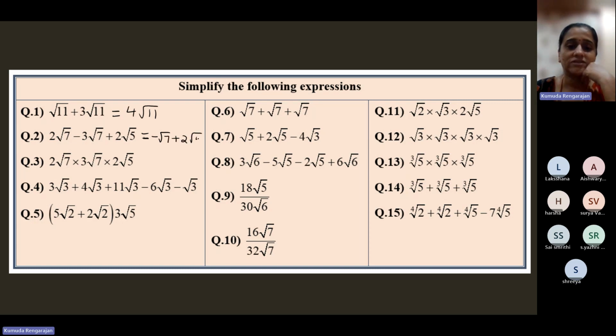Very good. This cannot be simplified any further, right? Yes, ma'am. Correct, Shreya. Minus square root of 7 plus 2 root 5. Very good.